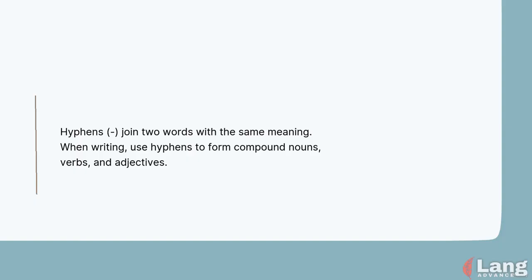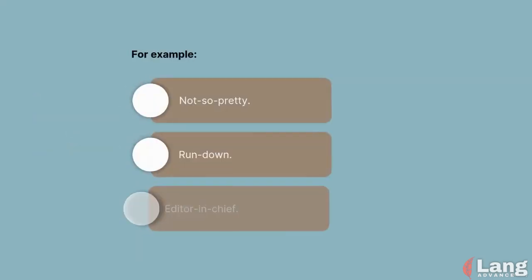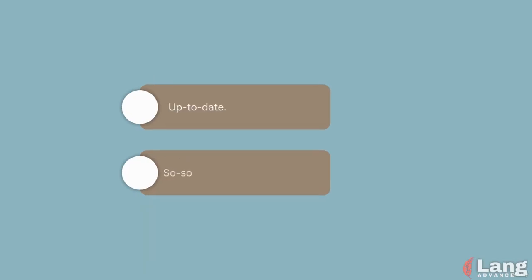Hyphens join two words with the same meaning. When writing, use hyphens to form compound nouns, verbs, and adjectives. For example, not-so-pretty, run-down, editor-in-chief, up-to-date.